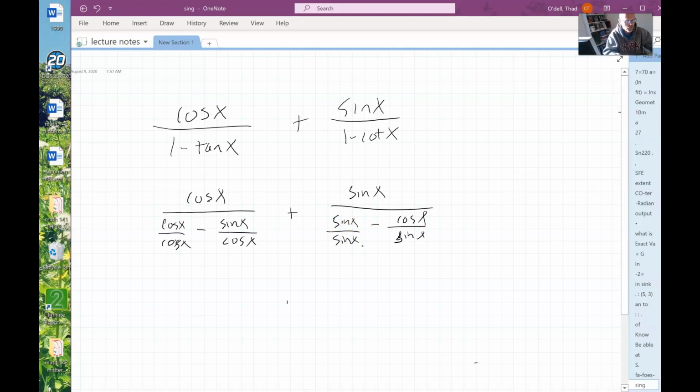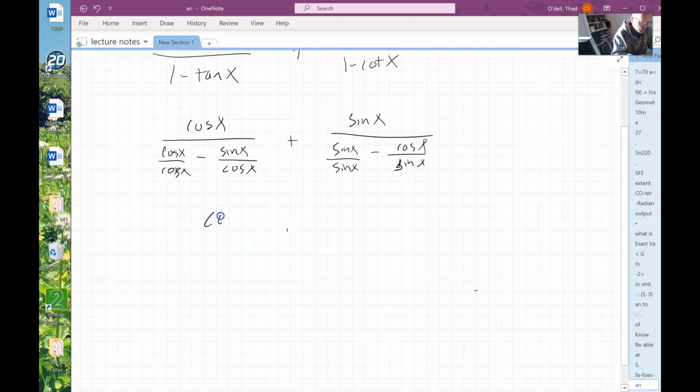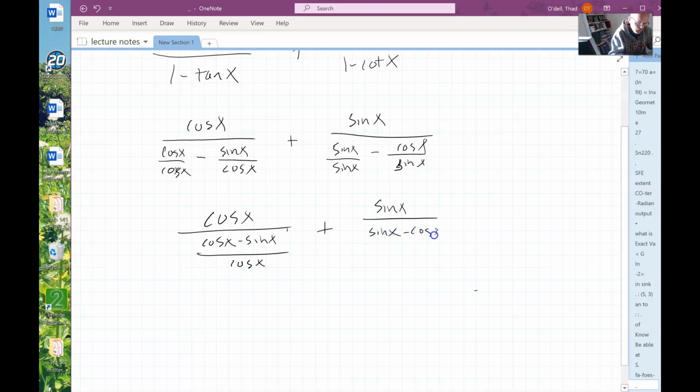Okay, so then we'll go ahead and simplify the bottom. So I'll have cosine x on top here, and cosine x minus sine x on the bottom, over cosine. And then here I'll have sine x on top, and on the bottom I'll have sine x minus cosine x over sine x. And anytime you have a fraction within a fraction, you want to simplify that.